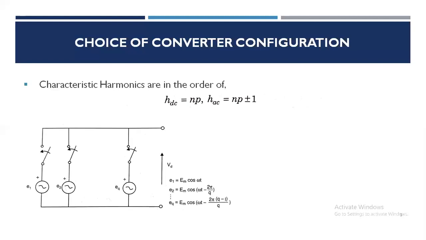It is convenient to consider a pulse converter of pulse number p made up of series and parallel connections of basic valve groups of Q switches, as shown in this figure.